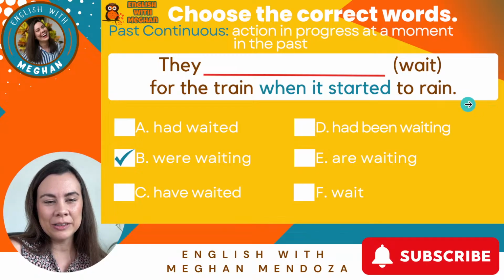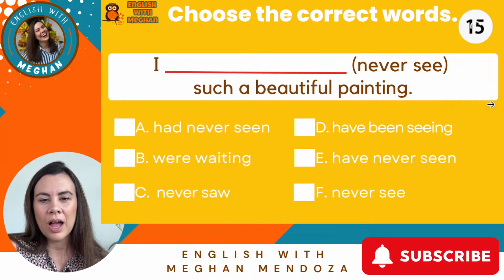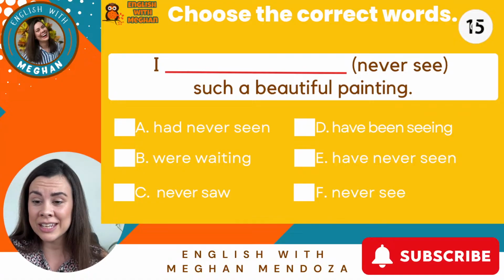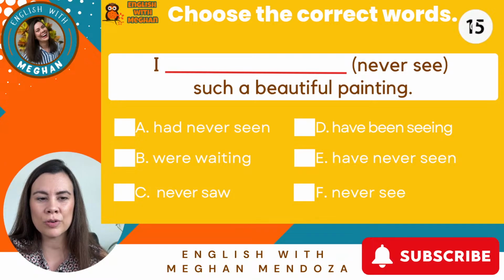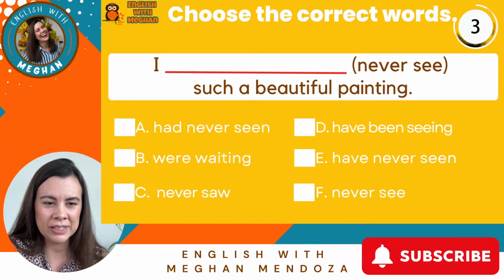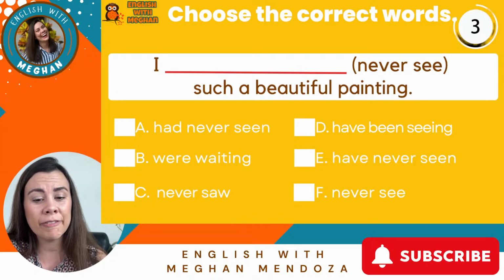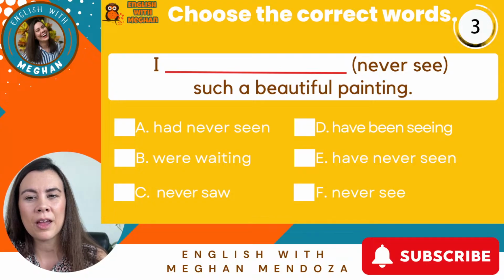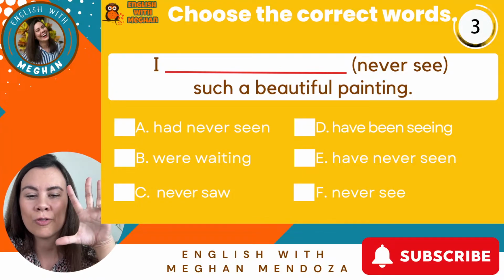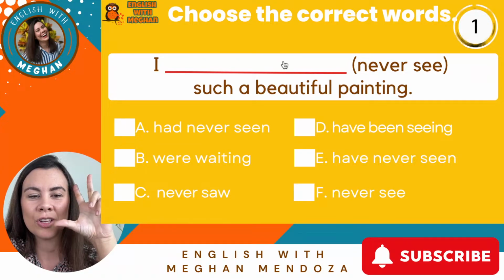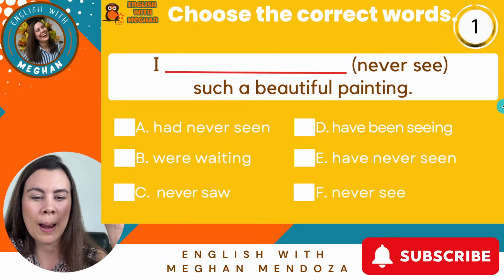The next one. Okay, I never see such a beautiful painting. What is our answer? A, B, C, D, E, or F. Okay, I'm going to give you 5, 4, 3, 2, 1.